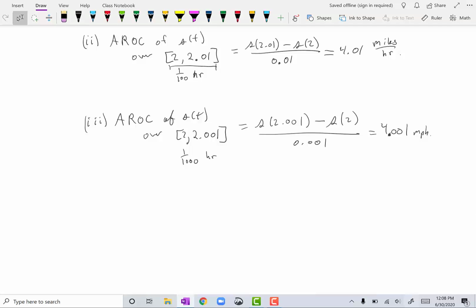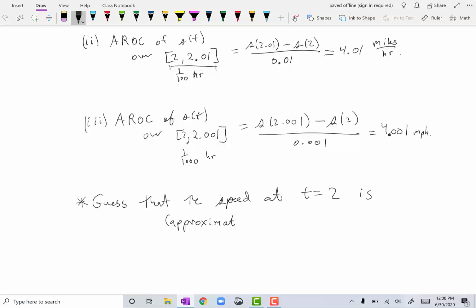So we might guess that the speed at t equals 2 is, you know, we can't be sure. Later we'll have a way to make sure that we're being exact. It's approximately 4. It's got to be pretty close to 4 because it's pretty close to 4.001.